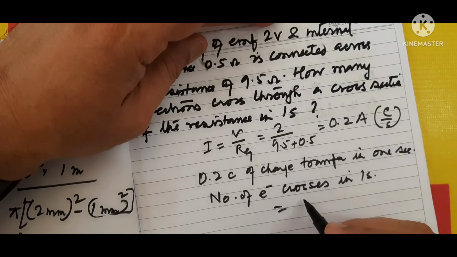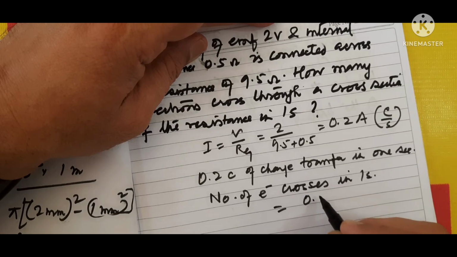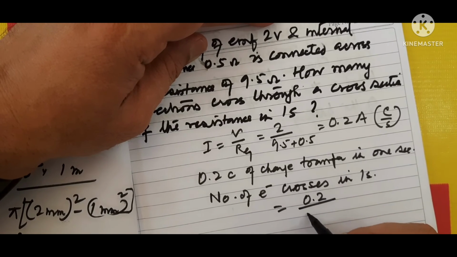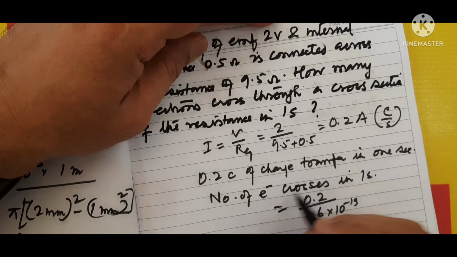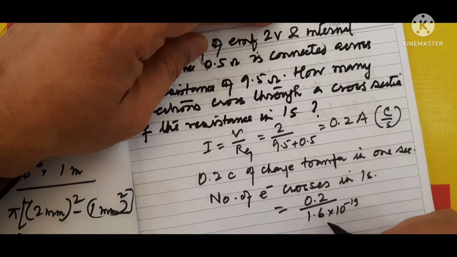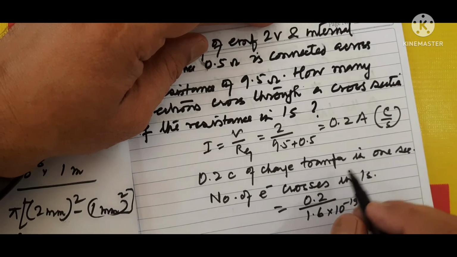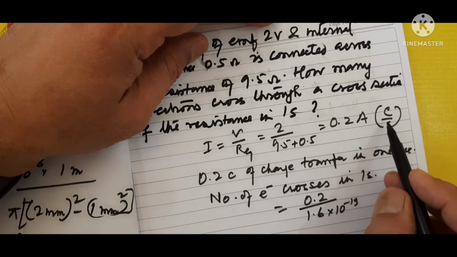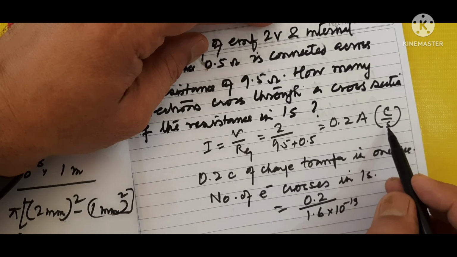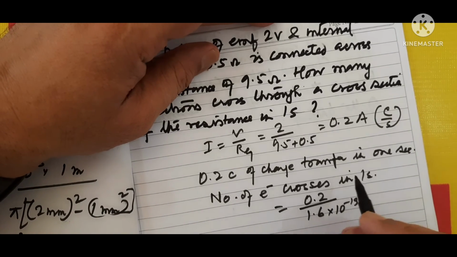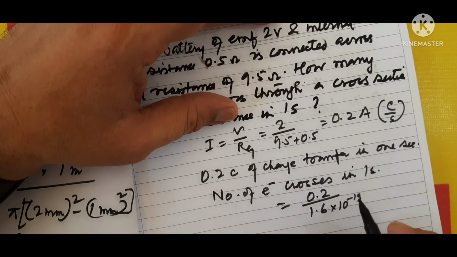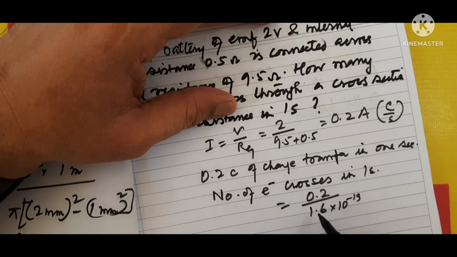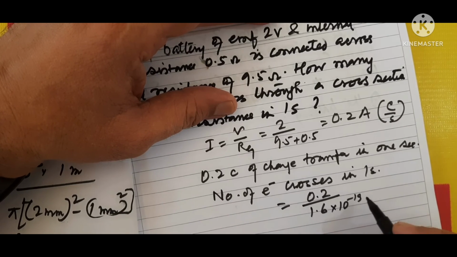will be how much? The value of I that came, 0.2, divided by the electronic charge 1.6 into 10 to the power minus 19. This much current came, and we divide it by the electronic charge, because this means 0.2 coulomb is passing, being transferred, in 1 second. So the number of electrons crossing in 1 second is equal to 0.2 by 1.6 into 10 to the power minus 19.